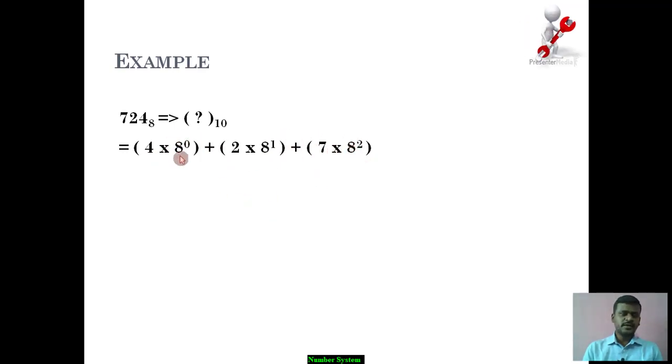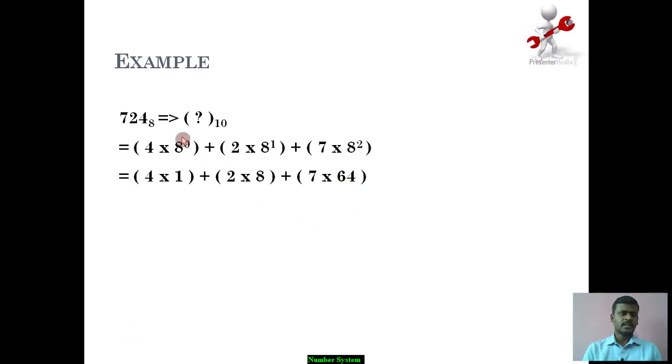Now we will simplify the power values in the next step. 8 raised to 0 is 1, 8 raised to 1 is 8, and 8 raised to 2 is 8 multiplied by 8, that is 64. We write the octal digits as they are, that is 4, 2 and 7.